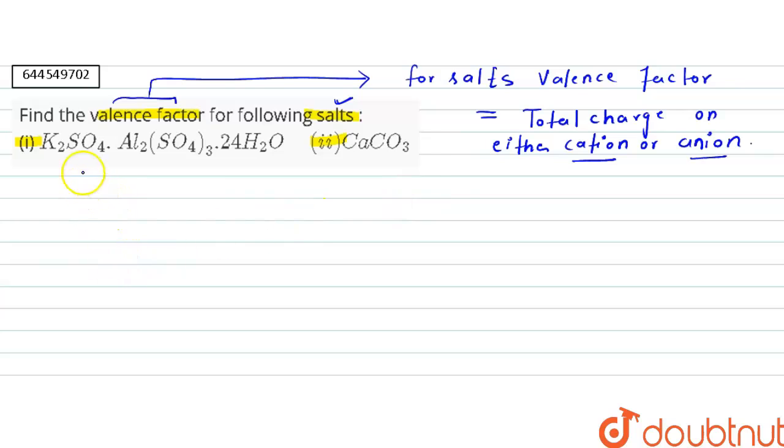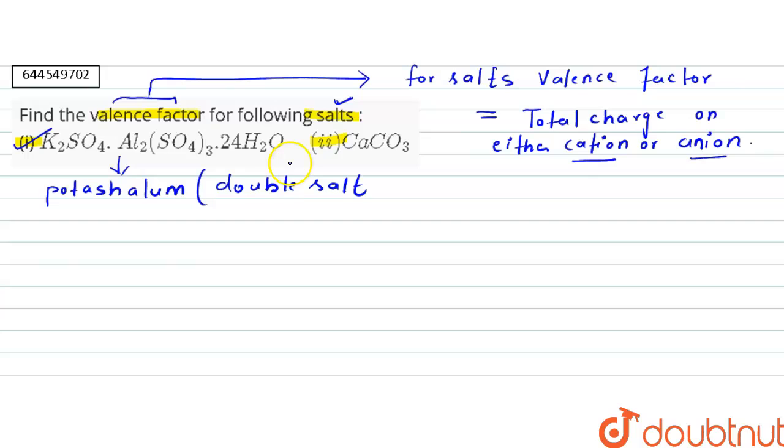And now we will talk about the first one that we have, potassium alum. We will write here potassium alum. One more thing: potassium alum is an example of a double salt.